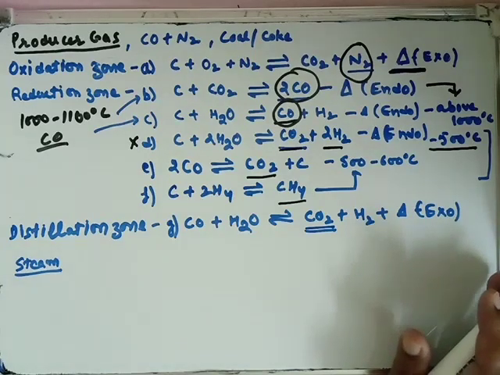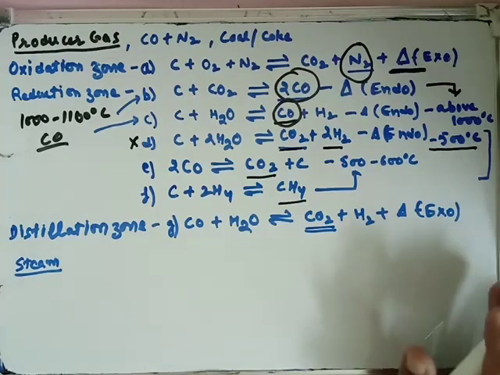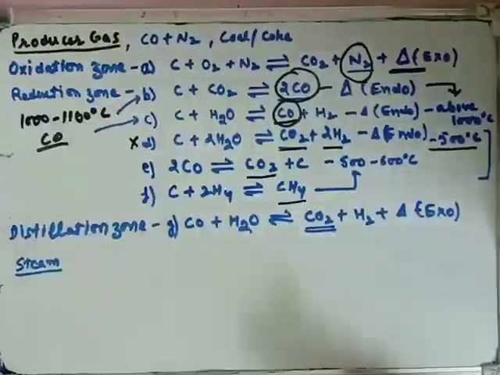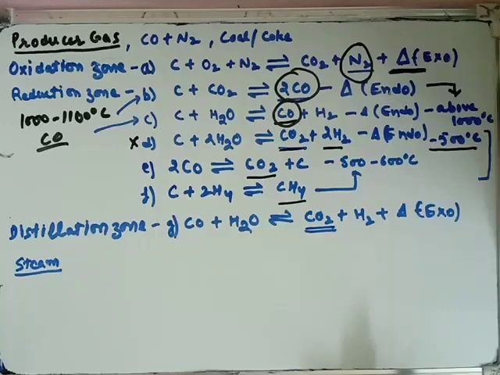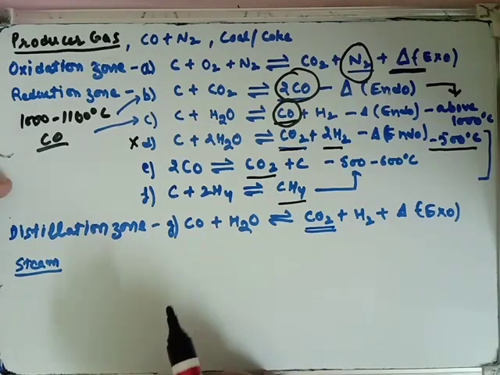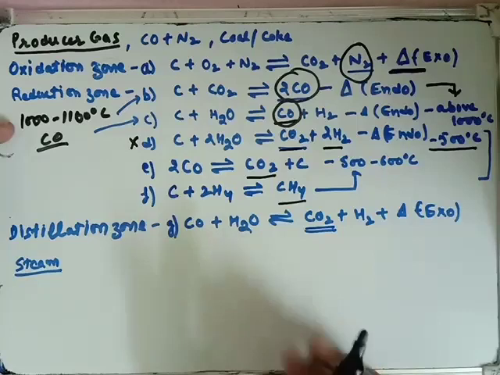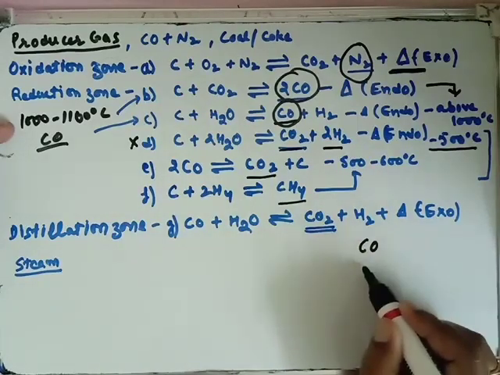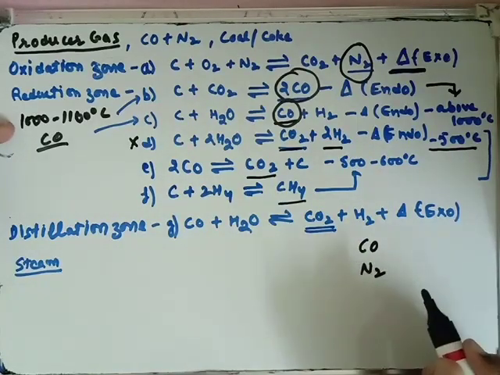Therefore, I forgot to mention in the introduction that the concentration, the type or quality of gas produced depends upon the conditions of the gasifier. If the temperature of the reduction zone is maintained around 1000 to 1100 degrees Celsius, the gas produced will contain a high concentration of carbon monoxide and nitrogen.